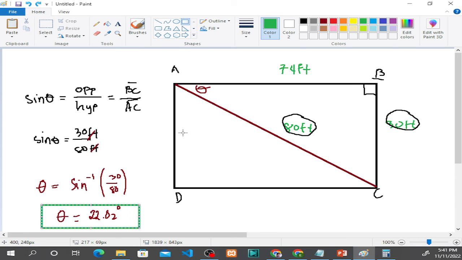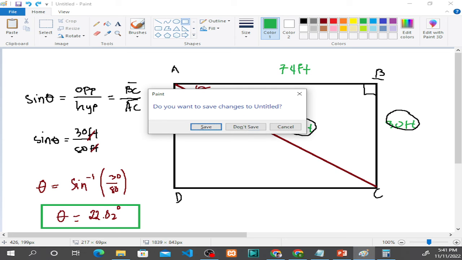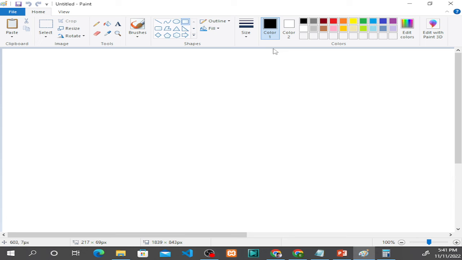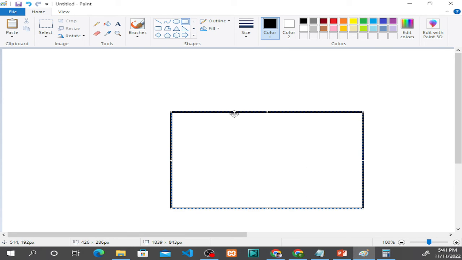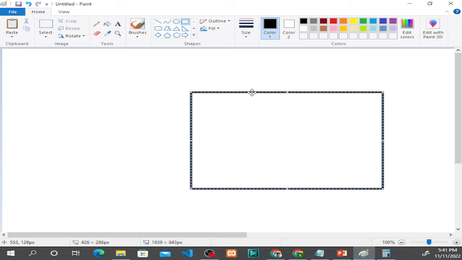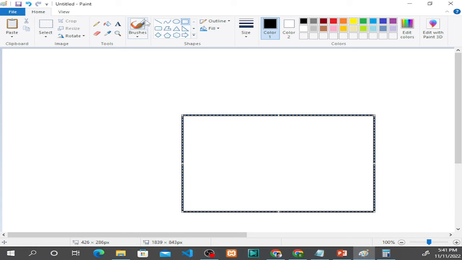Alright, so I now redraw this rectangular court, and I think we can extend some lines. Alright, there we go.